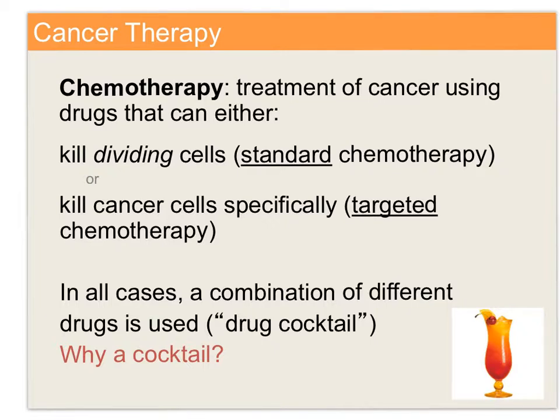So you might have initially a lot of success. It kills, let's say, 95% of the cancer cells. But as time goes on, mutations build up, and those cancer cells are then immune to the targeted chemotherapy. Just like what happens with antibiotic resistance.